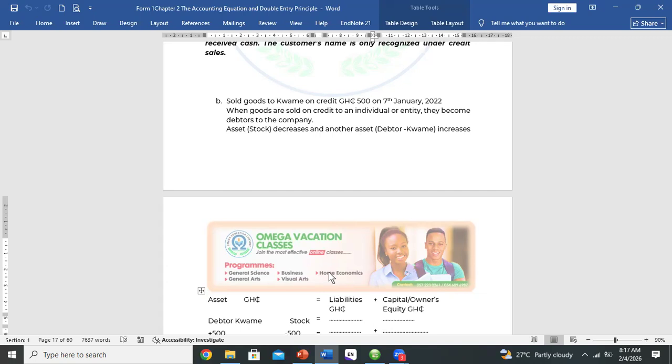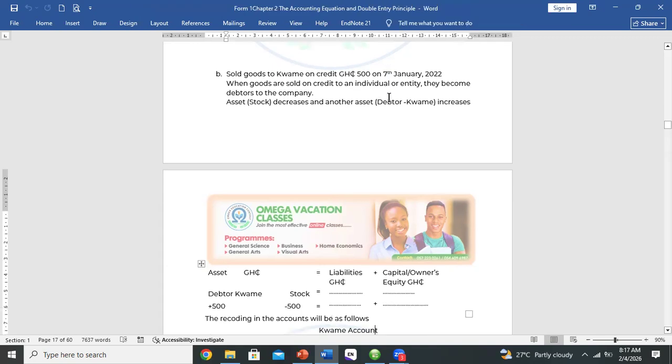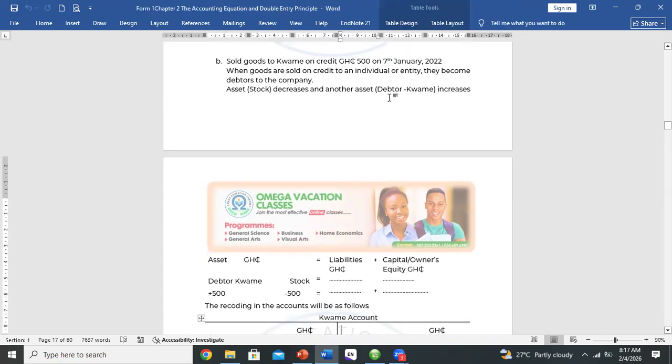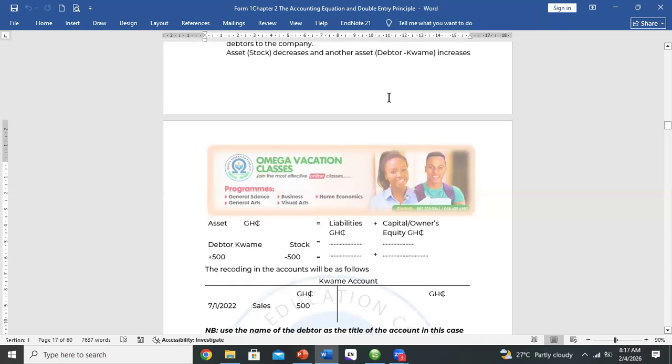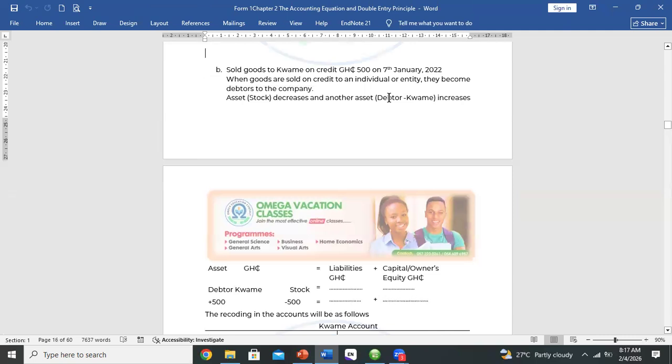The last bit is when it's sold on credit. If you sell on credit, still your stock will decrease. So you open sales and credit it. But this time you are getting another asset, which is a debtor, because the person you sold the goods to didn't pay.